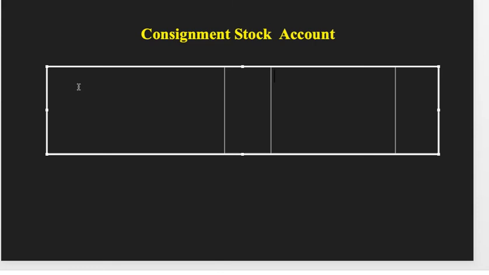After this we have to prepare one more account, that is the consignment stock account. In the consignment stock account, we are going to write down to consignment to Satish, which we have calculated, 10,800. And here we are going to write down by balance carried down, which is again 10,800.